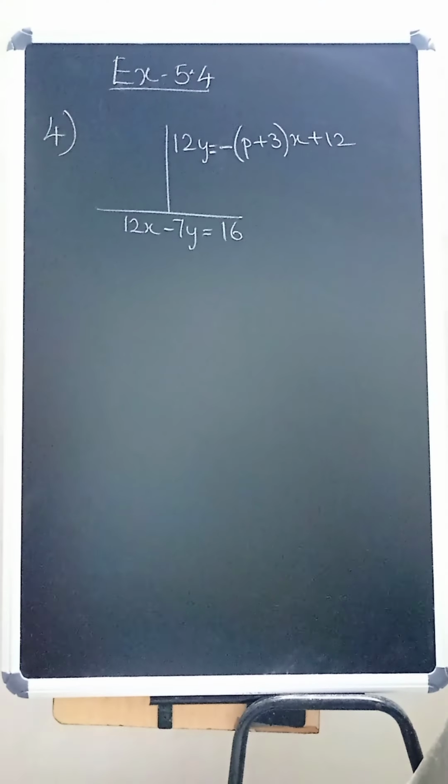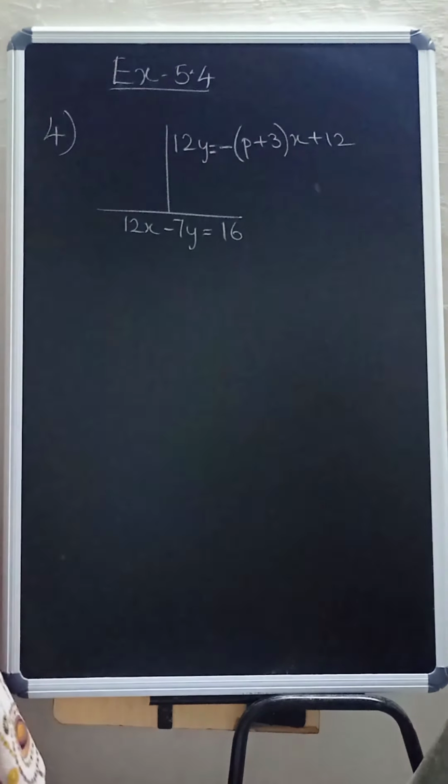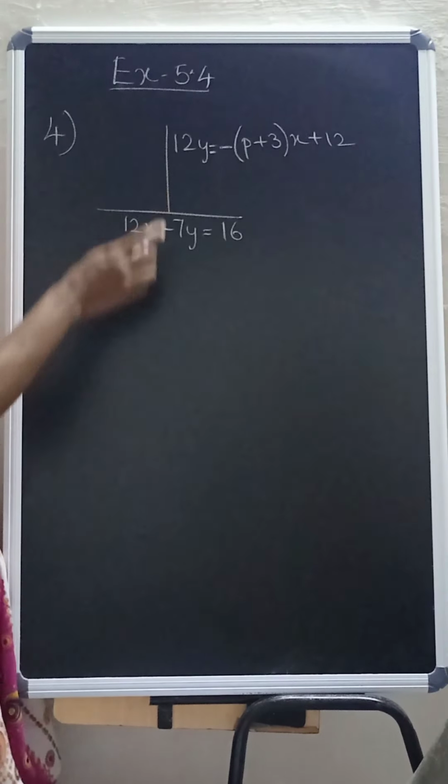Fourth question. If the straight lines 12y is equal to minus of p plus 3 into x plus 12, 12x minus 7y is equal to 16 are perpendicular, then find p. So they are saying that these two lines are perpendicular and they are asking you for the value of p. Now find the slope of this line.